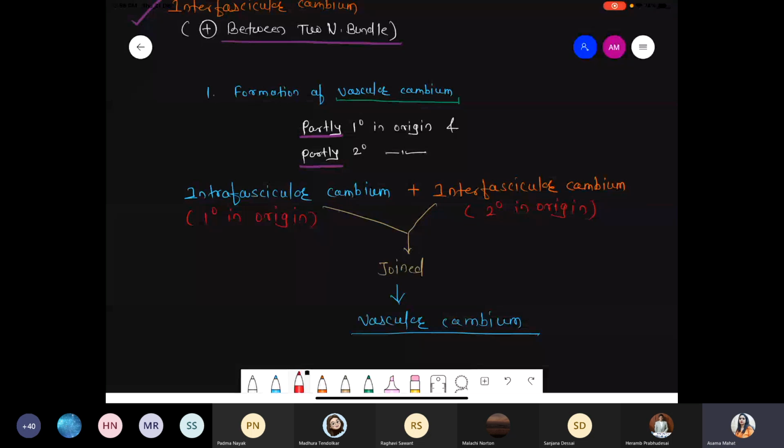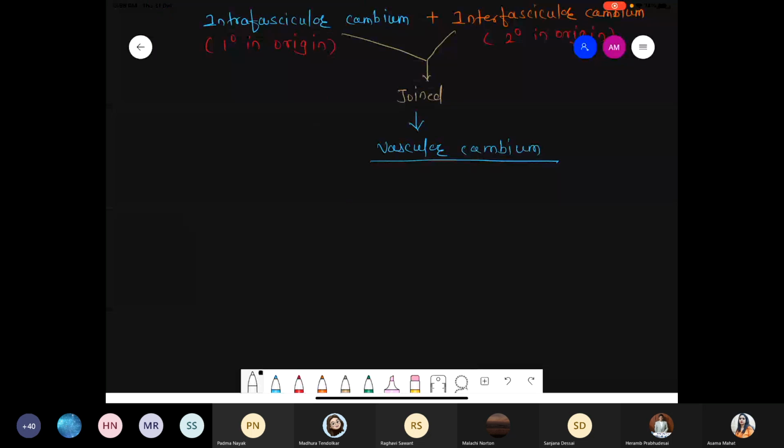So quickly we are taking the diagrammatic representation. Same diagram we are taking. At the center there is the intra.